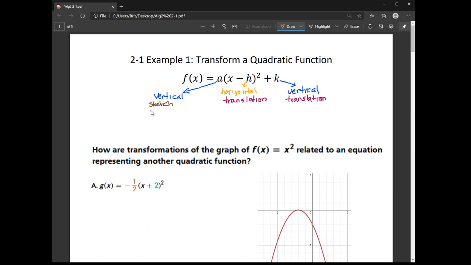And the way that we tell whether we're stretching or compressing, at least when we're dealing with the vertical changes, is you have a stretch when your a value is bigger than 1, and you have a compression when the a value is a fraction between 0 and 1.